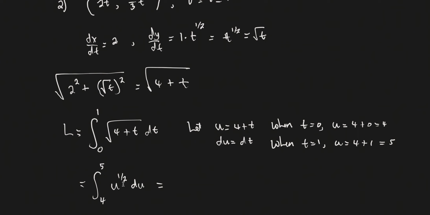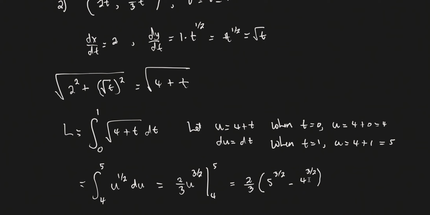So power rule now for antiderivatives: add 1 and divide by the new power. That would be 2/3 u to the 3/2, and then that's evaluated at 4 and at 5. So we'll have 2/3, and then we'll have 5 to the 3/2 minus 4 to the 3/2.